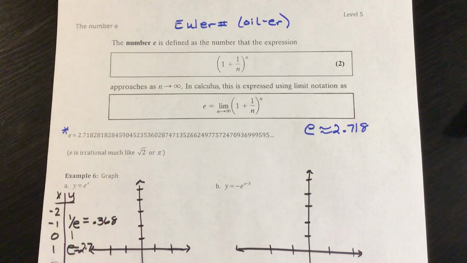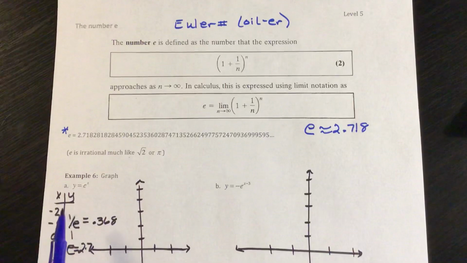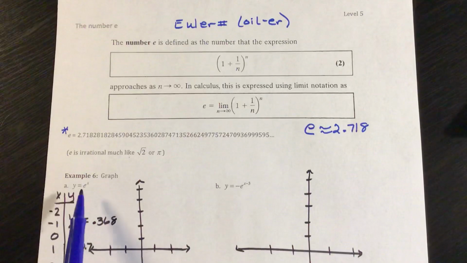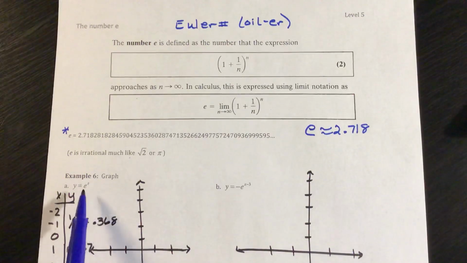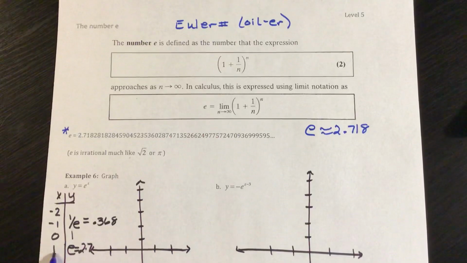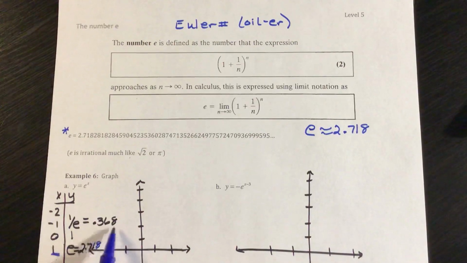All right, so if I think of e as my base now, remember e is just 2.718. If this is my base, I'm going to graph this, but let's think of some values for variables that we would know. I would know that e to the first power, right here, is 2.718, and e to the 0 power is going to be 1, because any value to the 0 power is 1. And then if I did the reciprocal of 1 over 2.718, I get this value, 0.368.